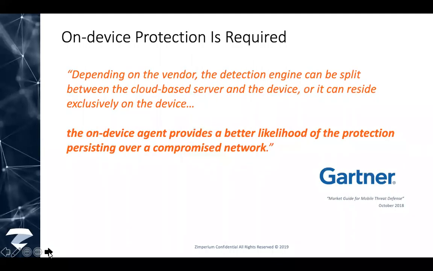Gartner is now endorsing this and saying on-device agent, better likelihood of protection persisting. This is the watered down report version. If you actually talk to the analysts over there, they'll say, obviously, if the bad guy owns the network, you can't expect him to take you to what's going to detect him.